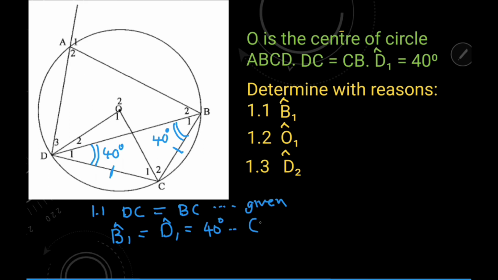These angles opposite equal sides. Okay, so the angles opposite equal sides. So B1 is also 40 degrees. We've given the reason.